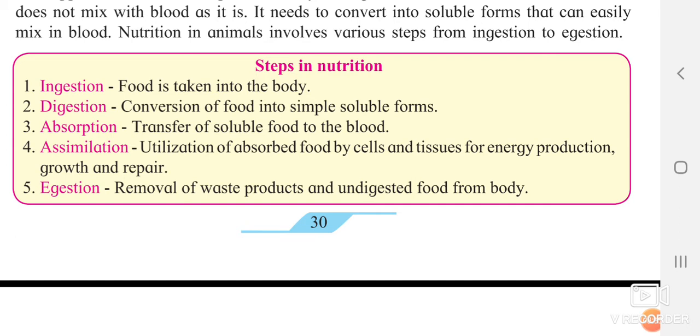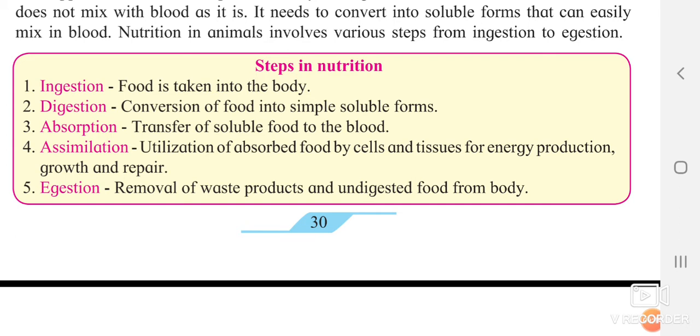Absorption, what actually does absorption mean? The soluble food is transferred to the blood. Assimilation means this blood, whatever food you have eaten, the nutrients are transferred to the cells and tissues, and later the energy is produced.